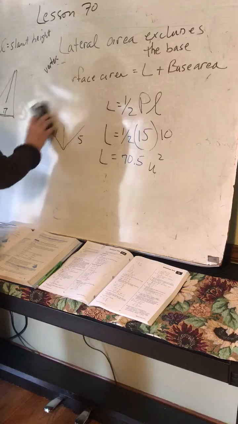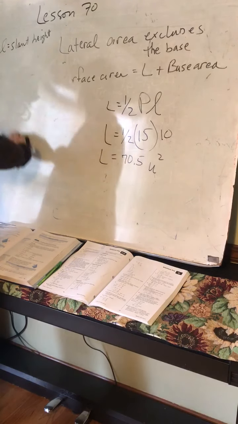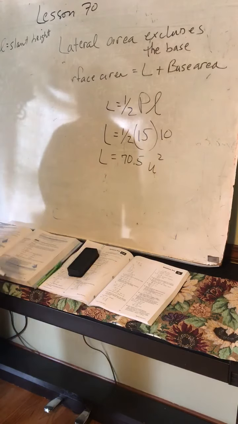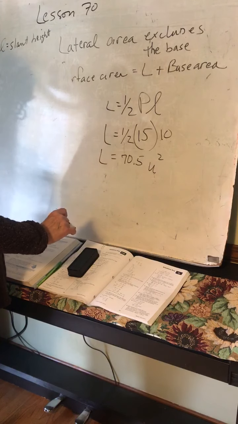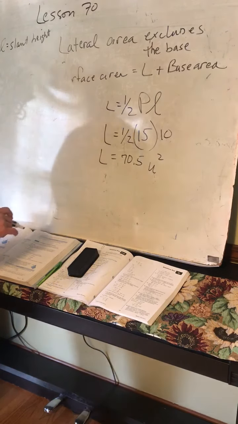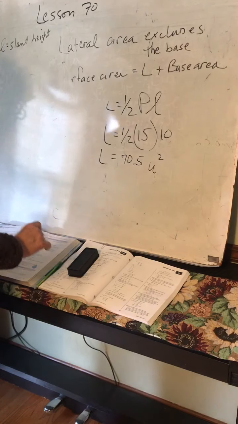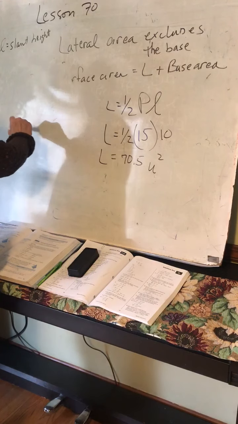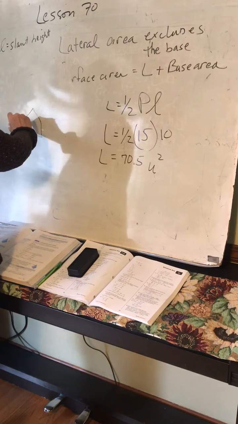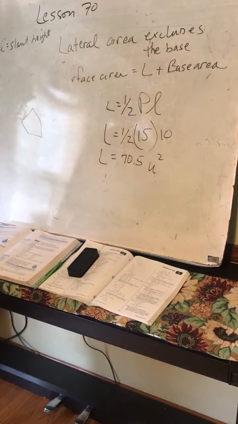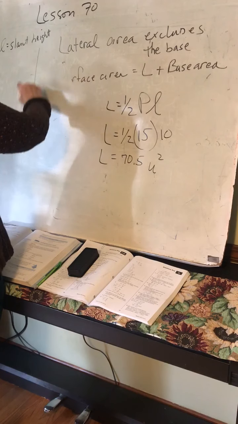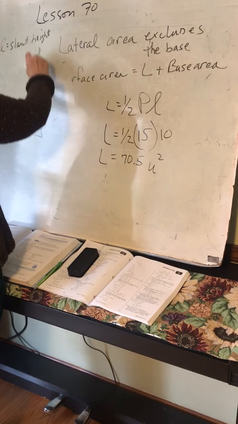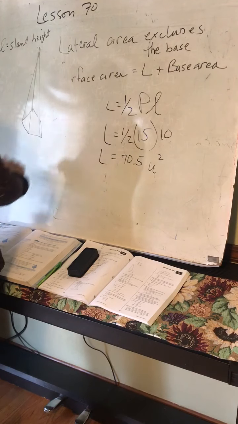I'll draw another one up here. Let's do lateral area, maybe this base. It has a pentagon as a base, looks like, and then from here we go up here, here, here. This isn't too great here.